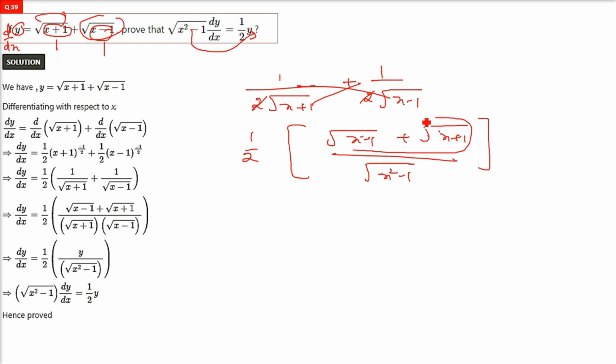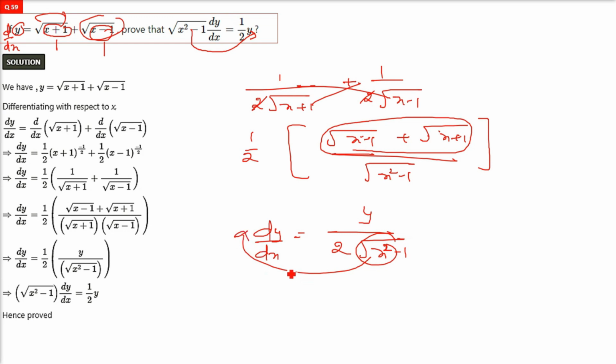This is y only. Under root x plus 1 plus under root x minus 1 was y, so I am keeping it as y. Y by 2 under root x square minus 1 is dy by dx. Now you can take this under root x square minus 1 on the left hand side. So under root x square minus 1 dy by dx is equal to y by 2, or half into y.